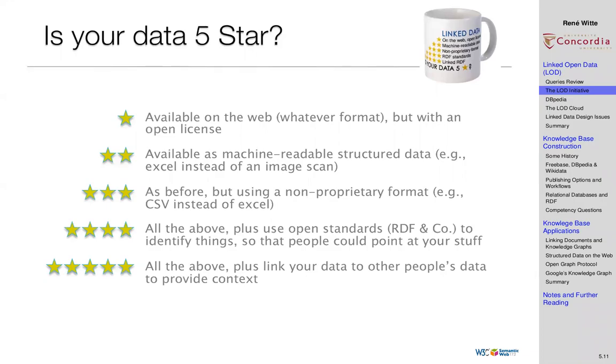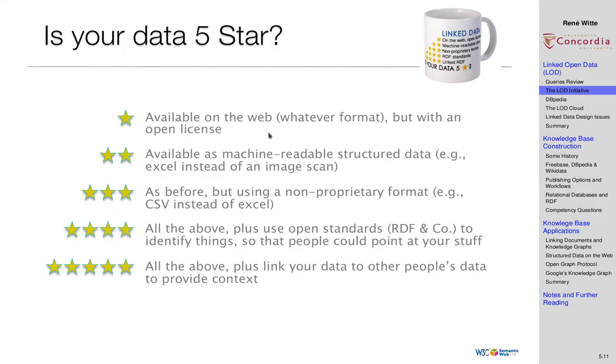And as a nice guideline, there is this 5-star principle for data. So depending on how good your data is, you get between 0 and 5 stars. You get your first star if you make your data available on the web in whatever format. So it has to be an open license, like an open source license or Creative Commons license, so that other people can reuse the data, but that's the only requirement.